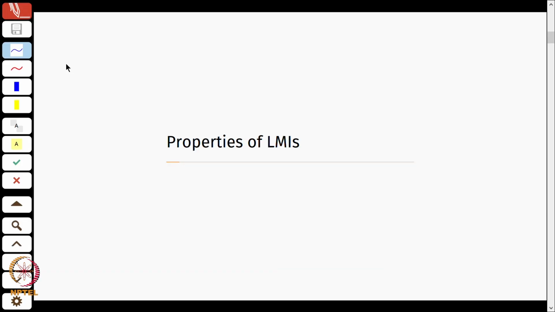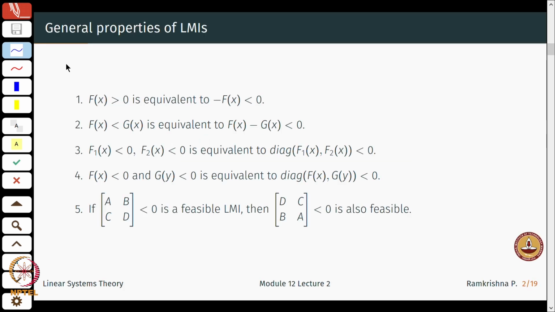Okay. So, before we start, a few properties of LMIs that I would like to list out are the following. If I say that f(x) is greater than 0, this is equivalent to saying minus f(x) is less than 0. Similarly, f(x) less than g(x) is equivalent to saying f(x) minus g(x) is less than 0.